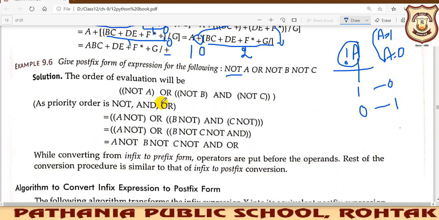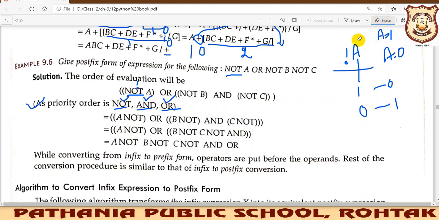So if we are writing not like this, it means the same as this, but we will not be writing it like this because here in the question it has been given like this only. This is a very important concept that you should keep in your mind: the priority order while solving these things. When you are having not, and, or, these three things together in your question, then the priority order is: not will be given the first topmost priority, and will be given the next priority, and or will be given the last priority.